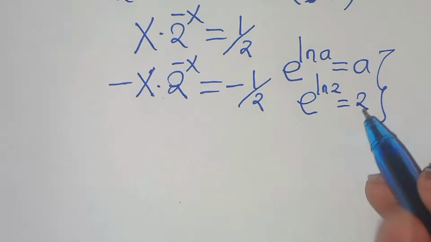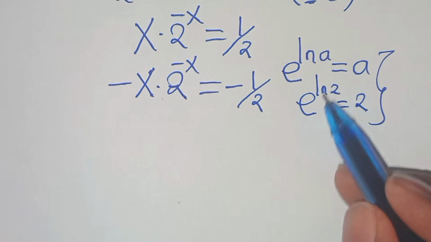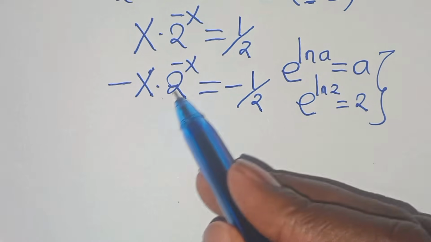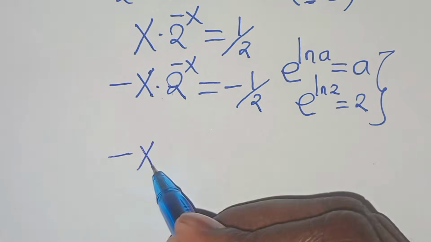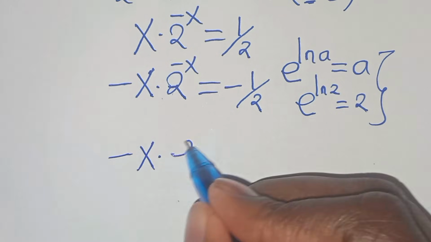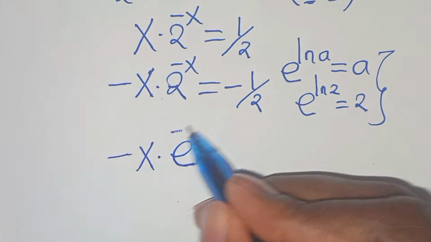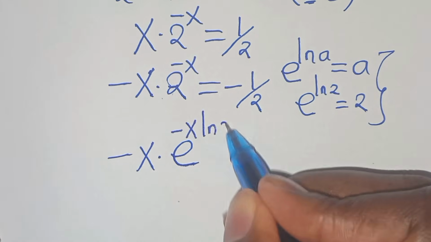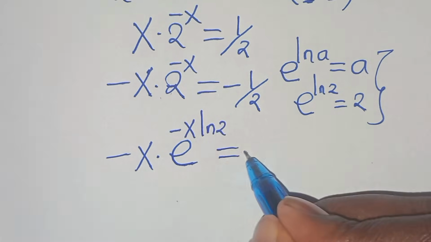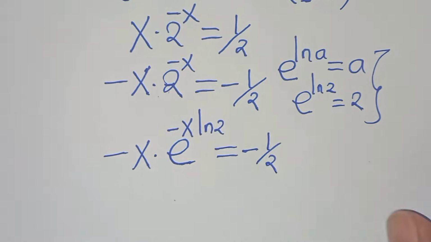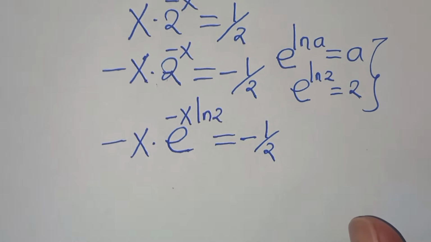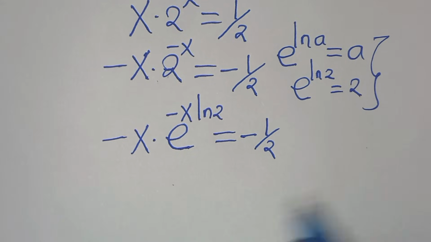So let's substitute e to the power of ln of 2 here, so that we have minus x multiplied by e to the power of minus x ln of 2. This is equal to minus a half. Now, we have the coefficient here.